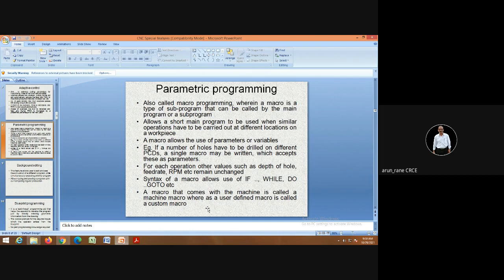There are many software which are helpful for making the programs. But when this software was not there, complex programming was done by parametric programming. So you can build equations, you can build a profile using different parameters.